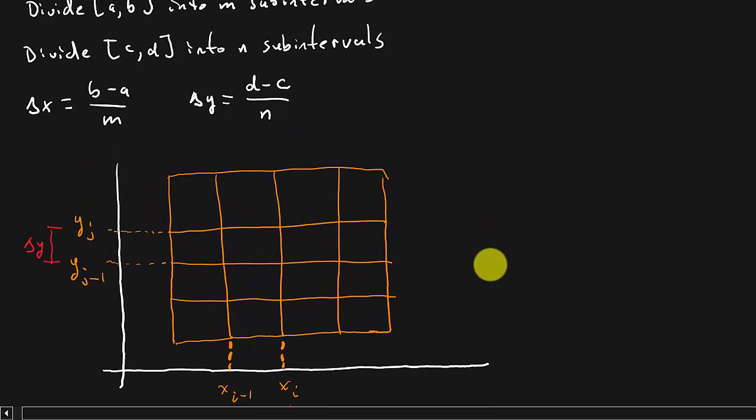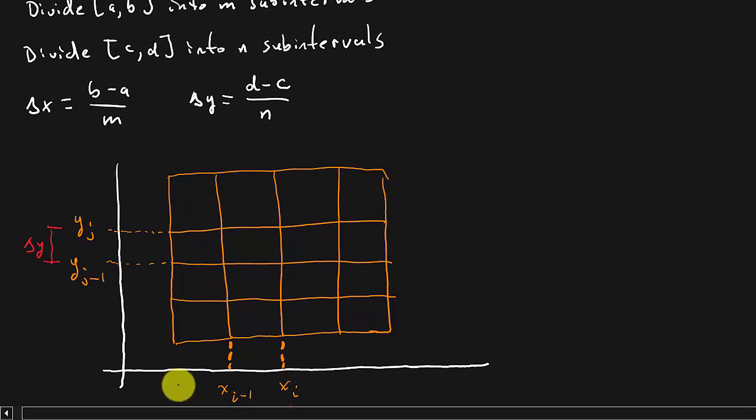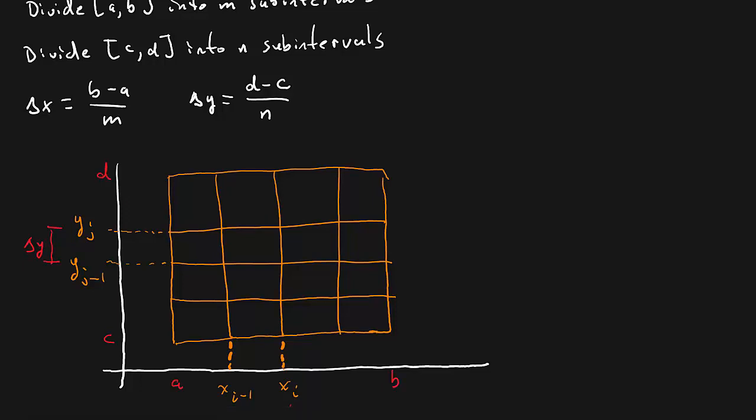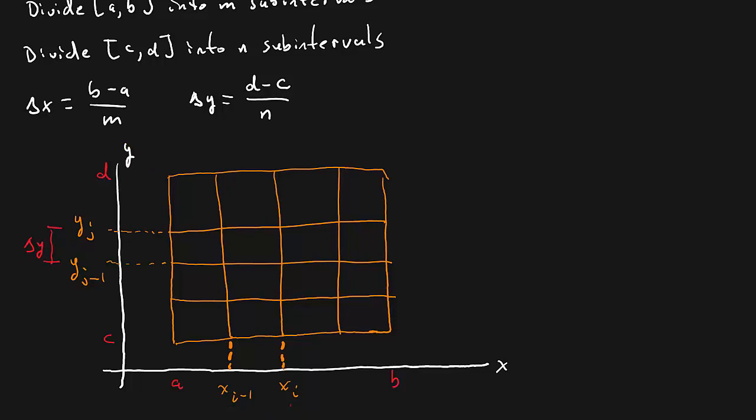All right. And of course, this is going from a to b, and this is going from c to d. And this is your x-axis, and this is your y-axis. So we may want to find the volume of a box.